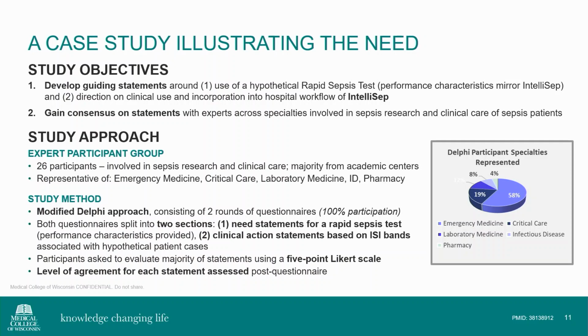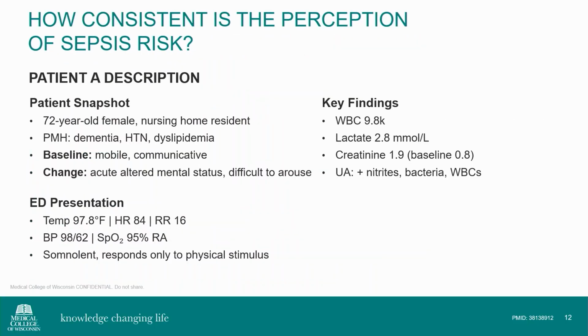These included laboratory medicine, emergency medicine, critical care, and ID physicians, as well as pharmacists. We gave them the same patient history data and asked, what is the chance that this patient has sepsis? I'm going to show you that question right now.